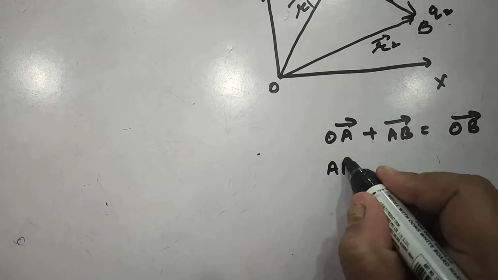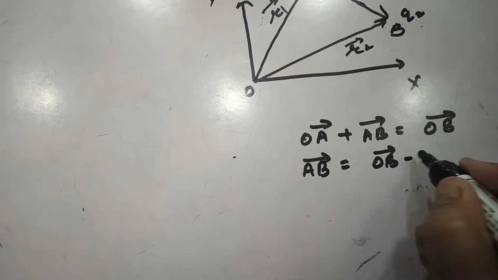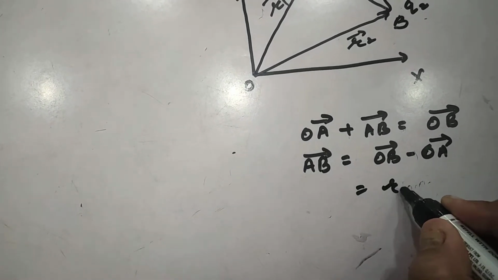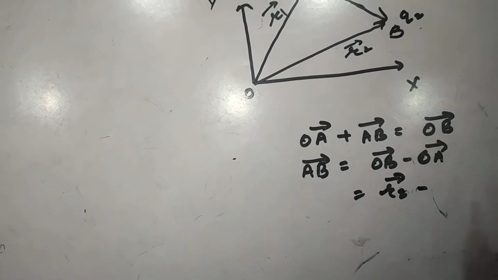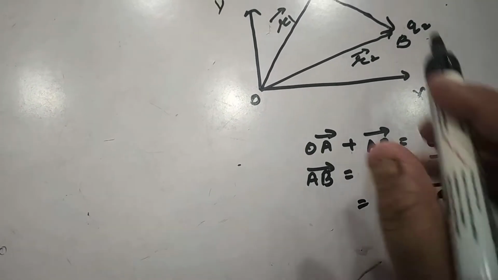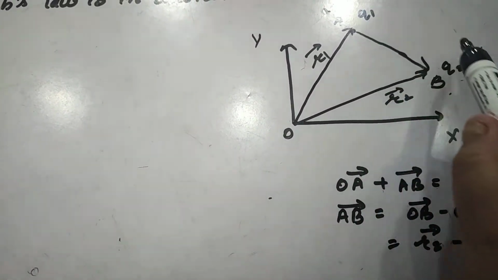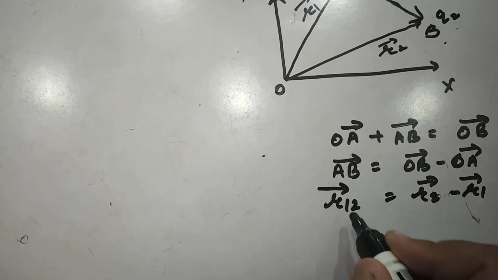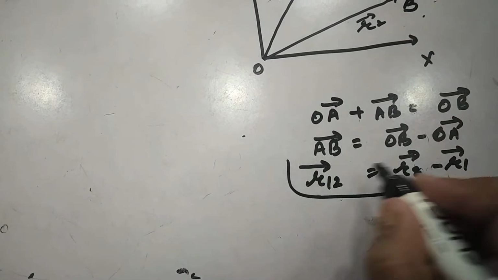So from this, AB is equal to OB vector minus OA vector, or OB vector is r2 vector minus OA, meaning r1 vector. Since AB is from A to B, from first to second, we will represent it as r12. So r12 vector is equal to r2 minus r1.